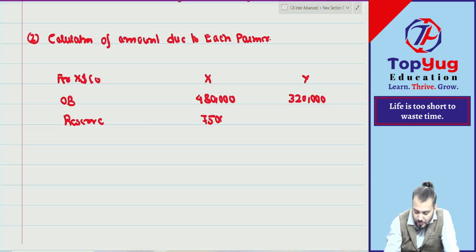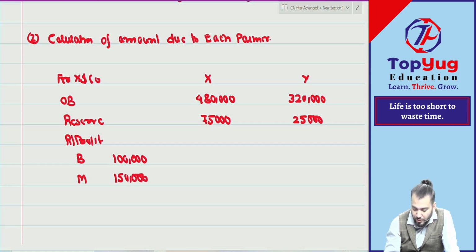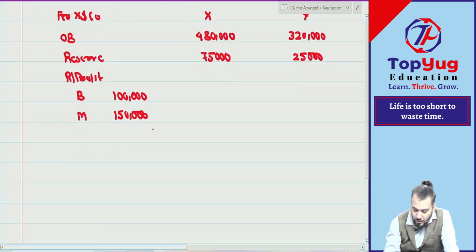75,000 and 25,000. Then realization profit, how much? Total: building 1 lakh, masonry 1,50,000. There is no provision. It becomes 2,50,000.